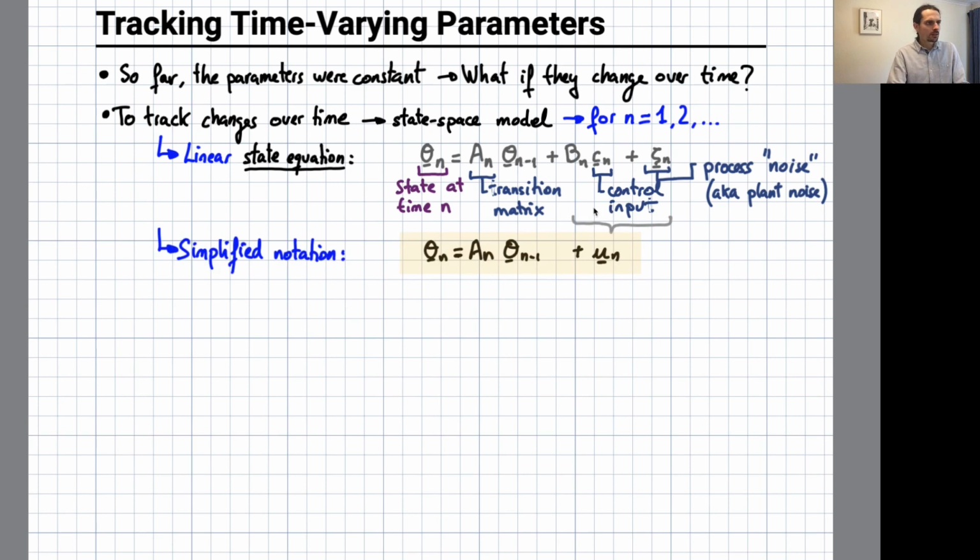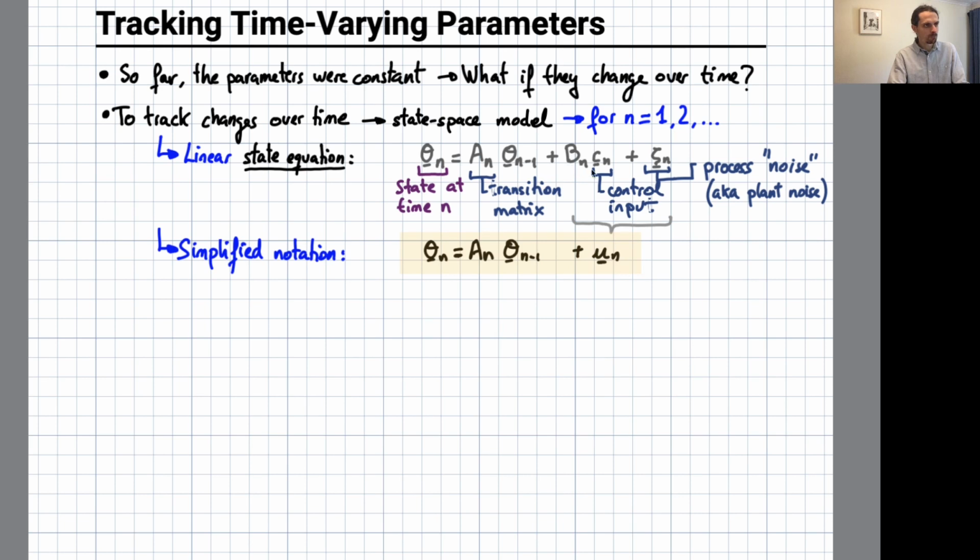In this course, we will not be concerned with designing control inputs. This would be something for a course in control theory or reinforcement learning or things like that. So we will absorb these two terms here into a single one that will be our noise process.